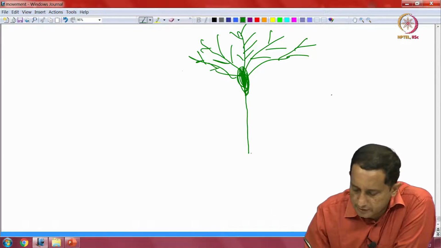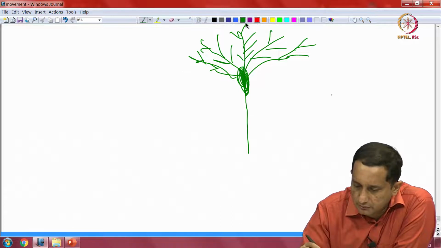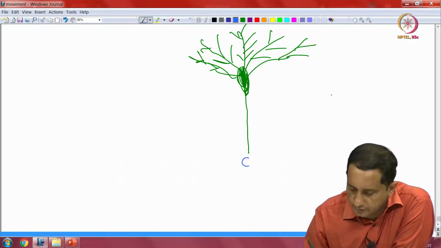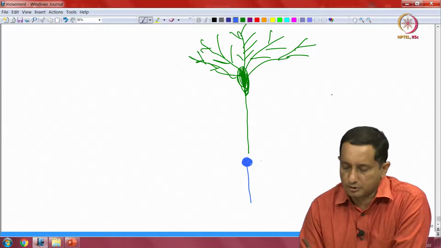The Purkinje cell synapses on a single deep nuclei. So, the deep nuclei is the output.